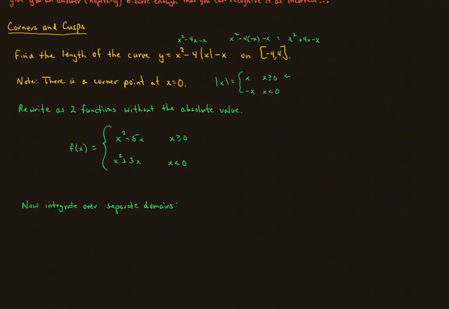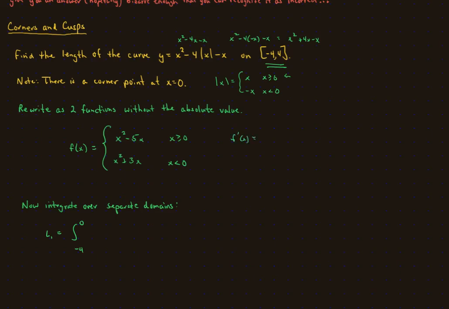So what we then do is we're going to split up our domain. So if we were trying to go from negative 4 to 4, we're going to get our first arc length, and we can go the integral from negative 4 to 0, and I guess I should probably write here our f prime of x.